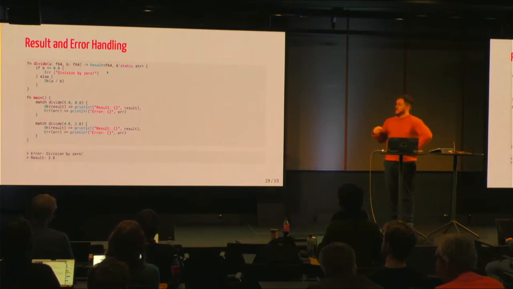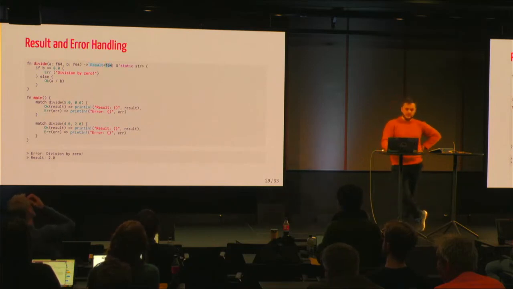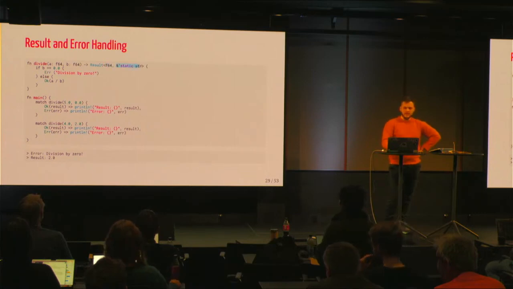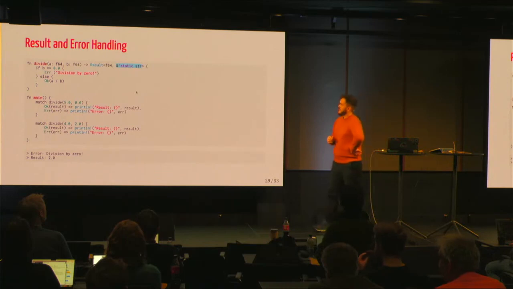When you have a Result, in this example we have the divide function, which takes two floating point numbers and returns a Result, which is a generic type with two type parameters. The first one is the expected value, which in this case is f64. The other type is the error type, in this case just a static string.